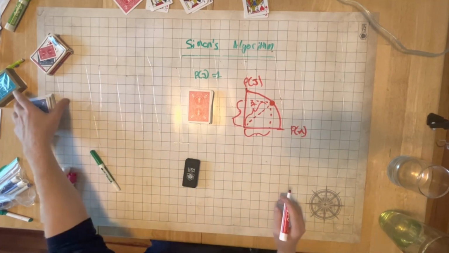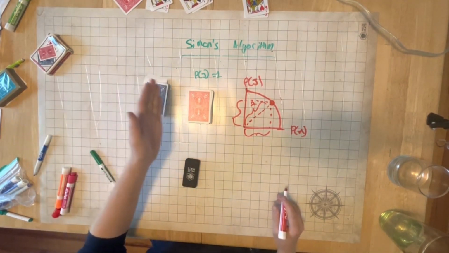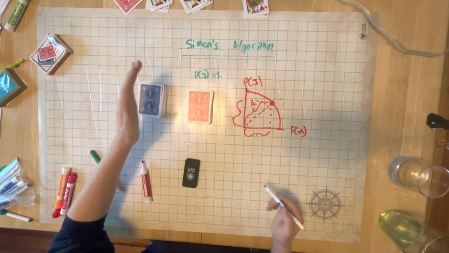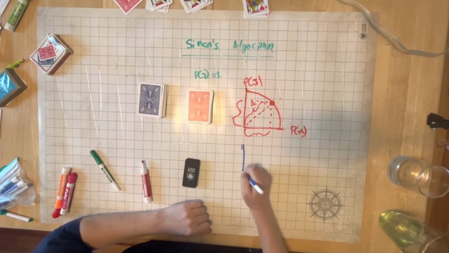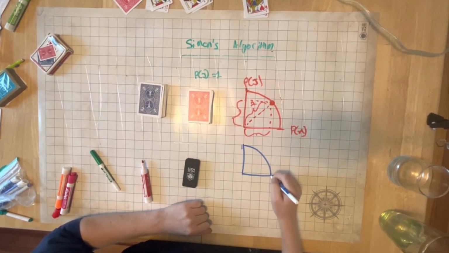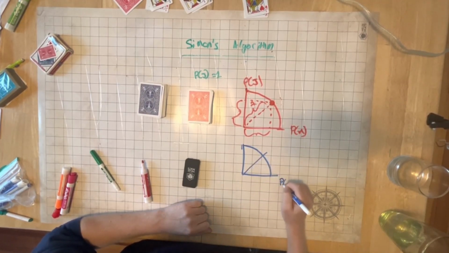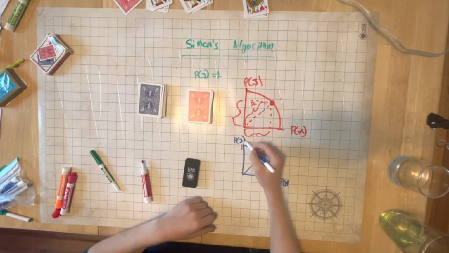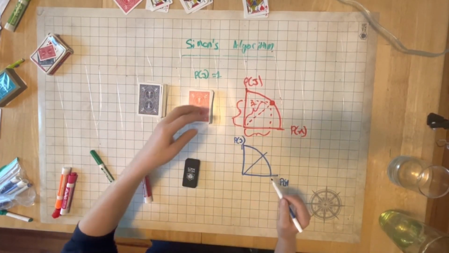Okay, fair enough. Now imagine we have two decks, a red deck and a blue deck. If this deck also has a 50-50 chance, we can just come up with some other vector space, which is going to be identical: P king, P jack. And sure, now we have this deck down here and this deck up here.